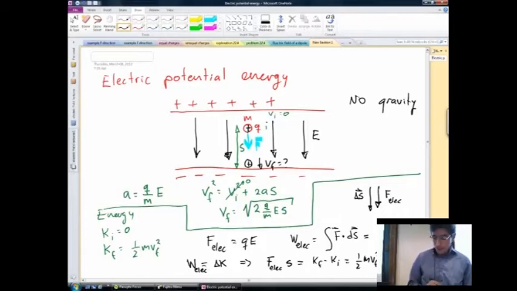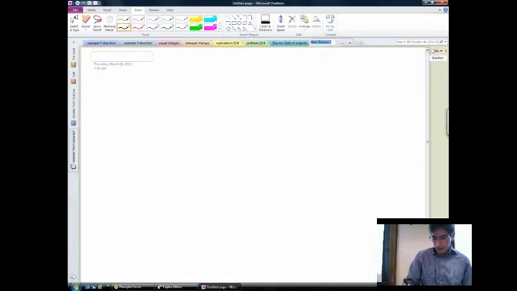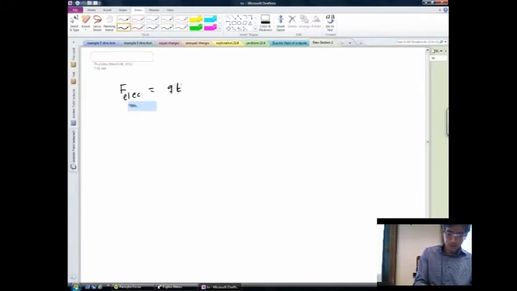So from this energy analysis, you obviously end up with the same result as before. The electric force is equal to Q times E, again. Now the electric force times S, that's the work done by the electric force, is equal to 1/2 of m v final squared.